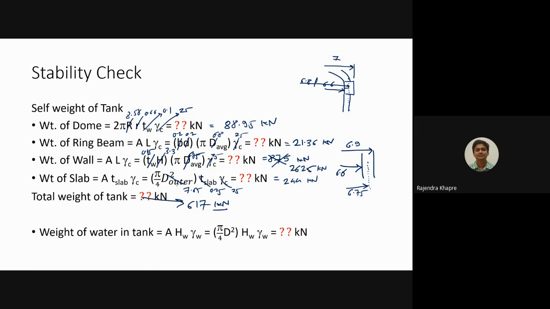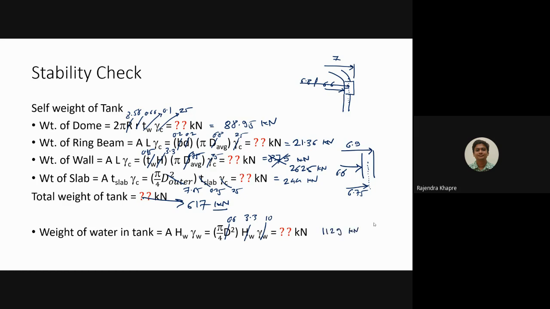So the inner diameter of the tank, I think it is 6.6 meters. Okay, the height of the water now it will be 3.3 meters, and density of water is 10. So how much is the weight of the water in the tank? 1129.